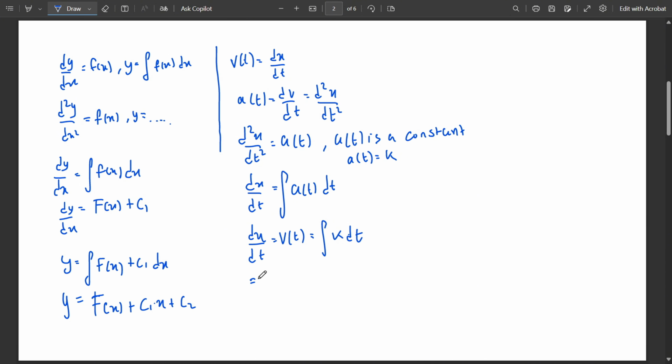The integral of a constant is just k times the independent variable t plus c1. This is just the general solution, v of t. We want the particular solution, so we let v of 0 equal v initial.